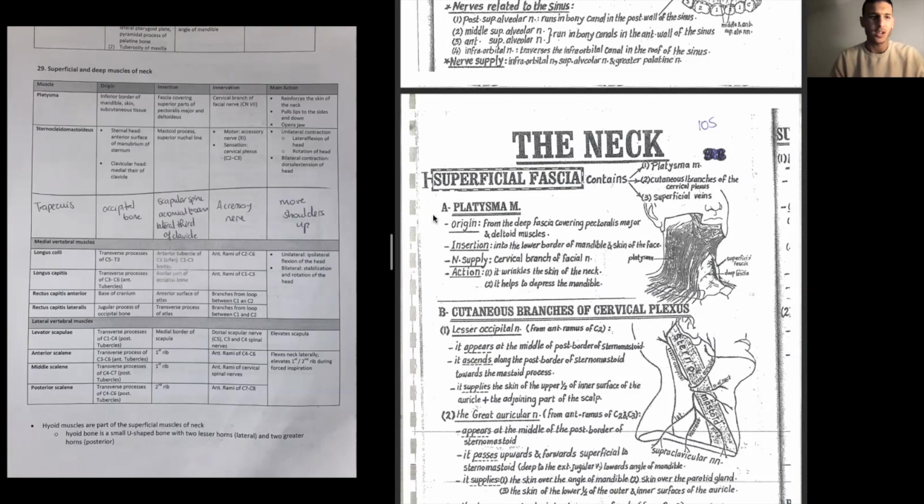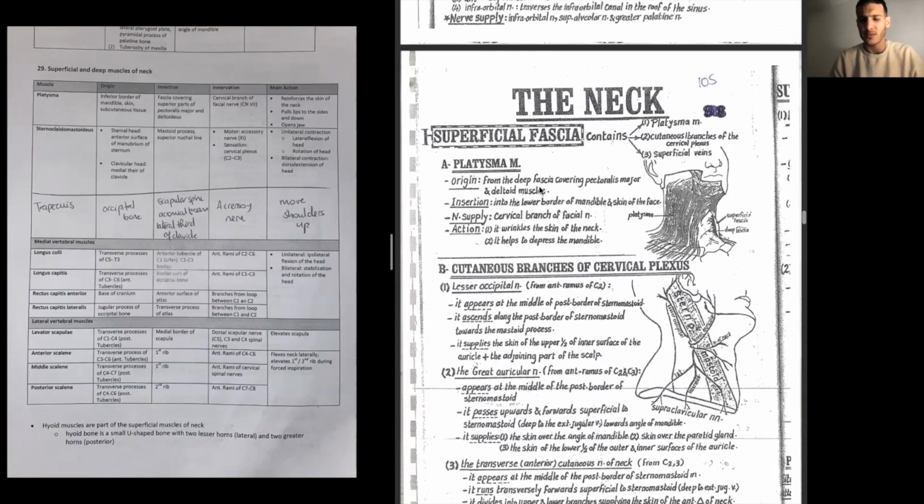Okay, platysma, number one. Platysma muscle, the origin of it is from the deep fascia covering pectoralis major and deltoid muscle. There's always a dispute about the origins and insertion of muscles, but as close as you can get to the similarities between all the sources, I think you should be fine.